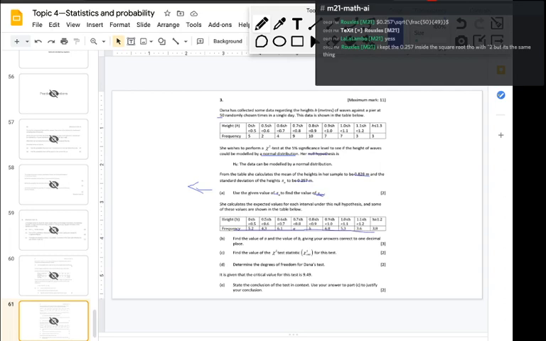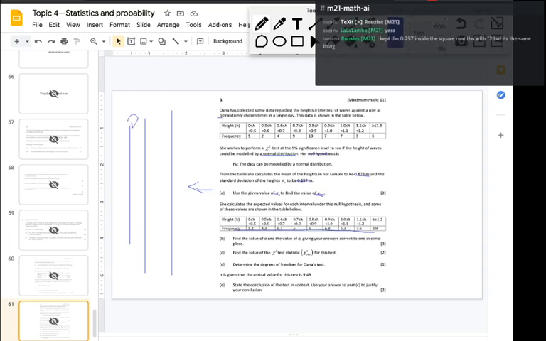For chi-square test, remember that you're going to have two tables. The first table is the observed outcome, and the second is the expected frequency. Usually this is written as O and E. Find the value of A and the value of B, giving answers correct to one decimal place.